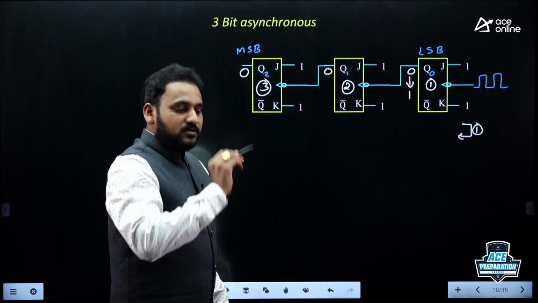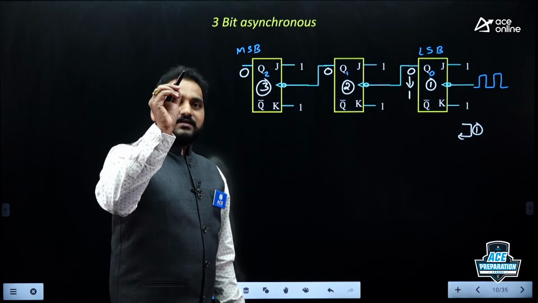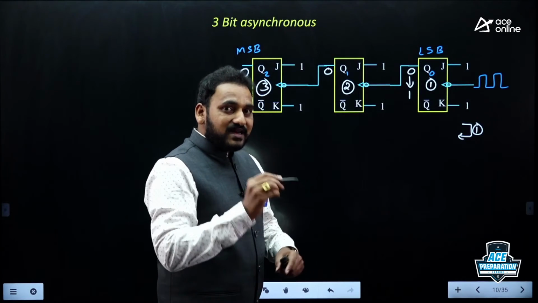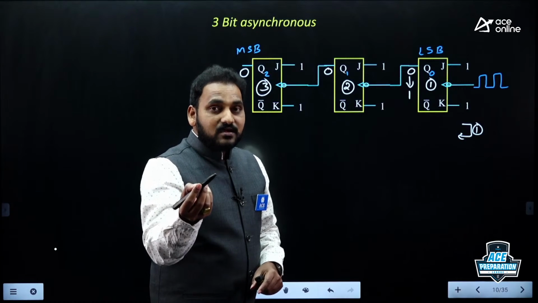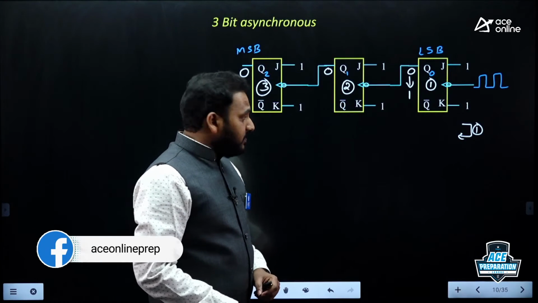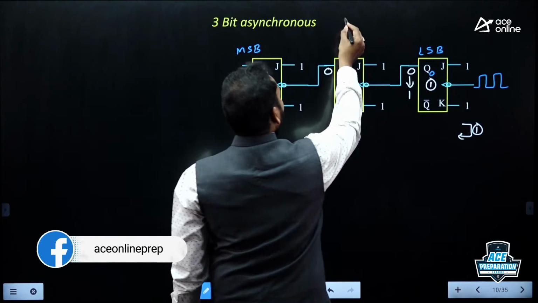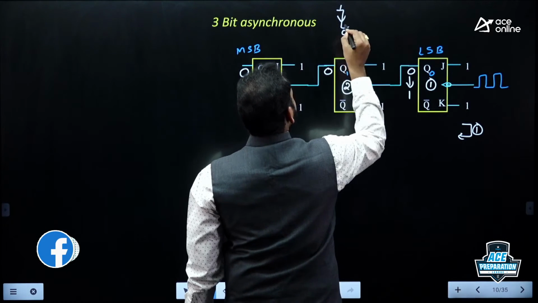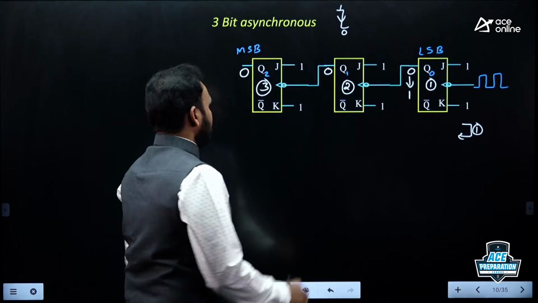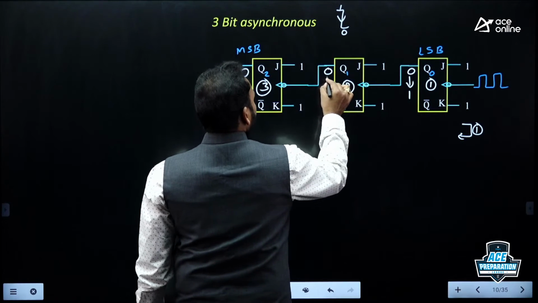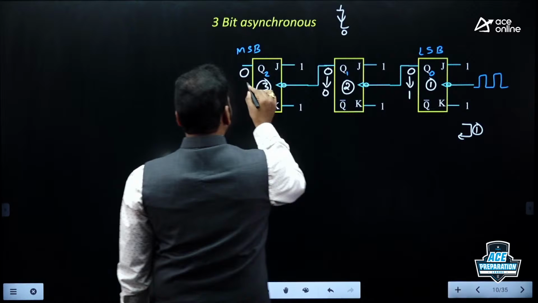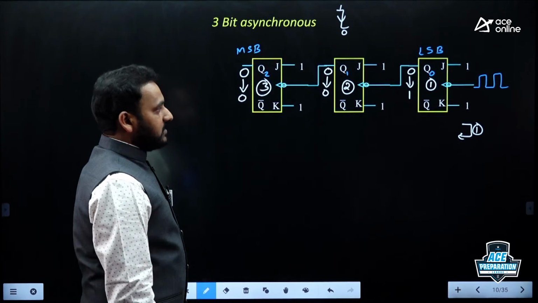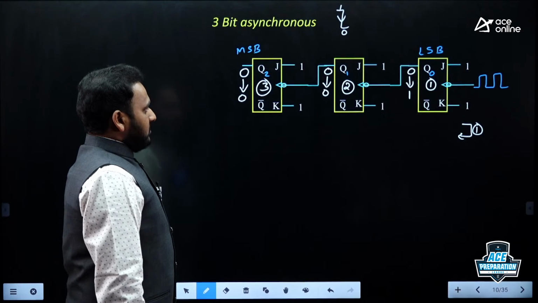The 0 to 1 transition does not trigger the next flip-flop. Sir, why? Because this is a falling edge trigger type flip-flop. A 1 to 0 transition only can trigger it. So no updates at the output of the second and third flip-flops.